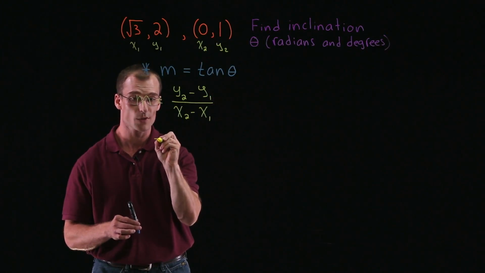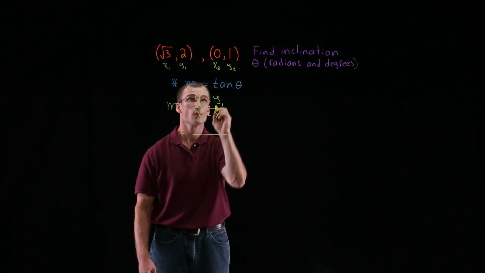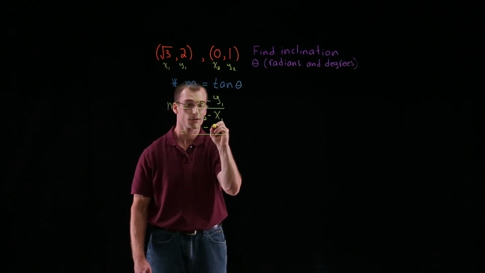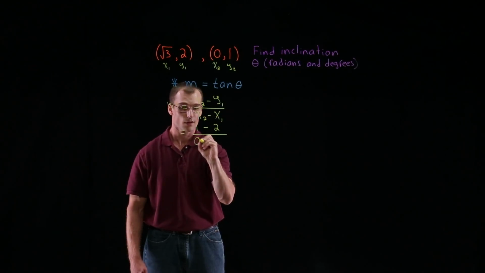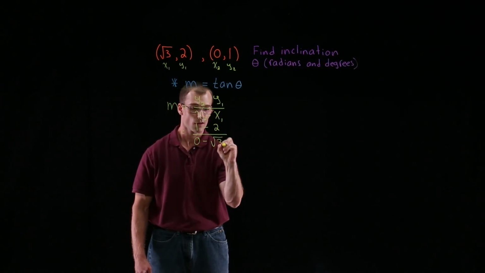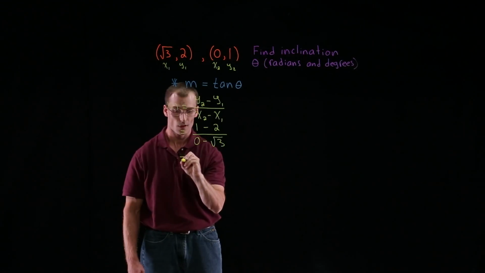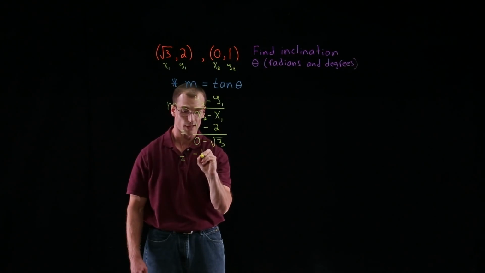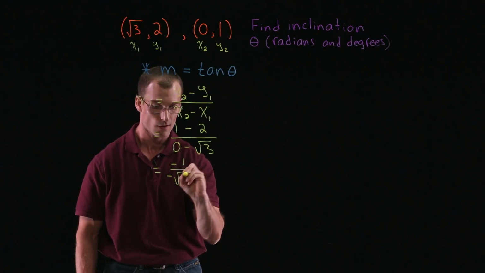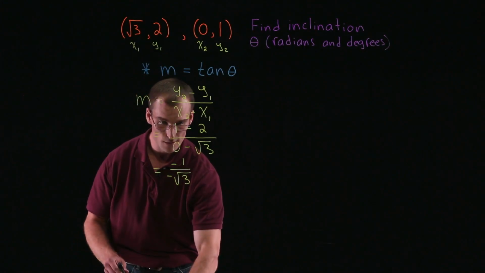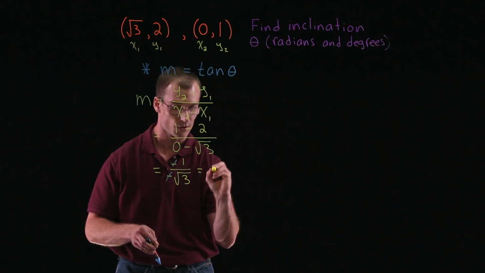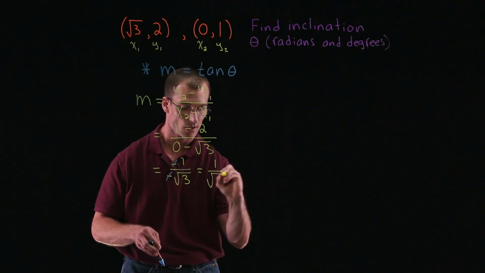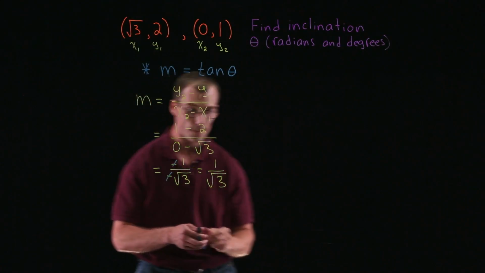So down here, our slope, y2 minus y1, or 1 minus 2, and x2 minus x1, 0 minus the square root of 3. So 1 minus 2 gives us negative 1 over negative square root of 3. Negatives cancel, and so our slope is 1 over the square root of 3.